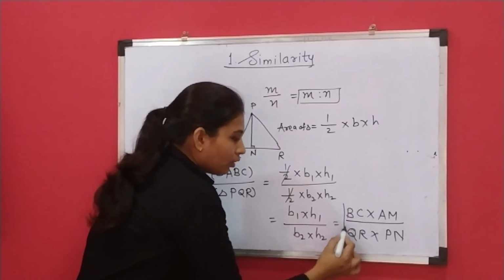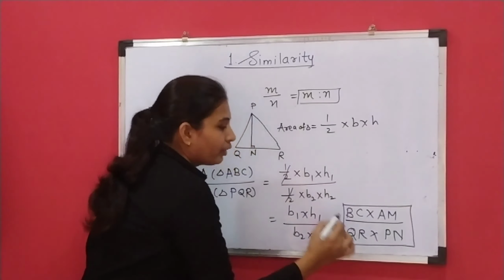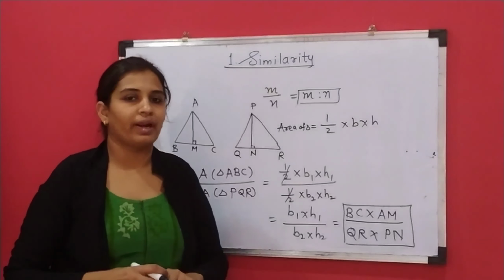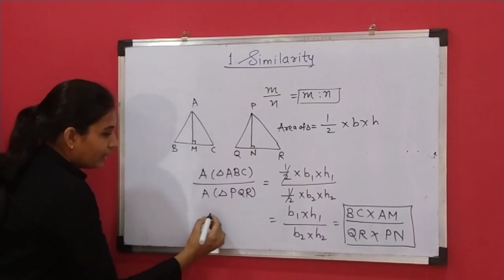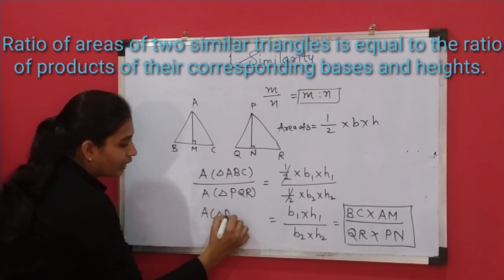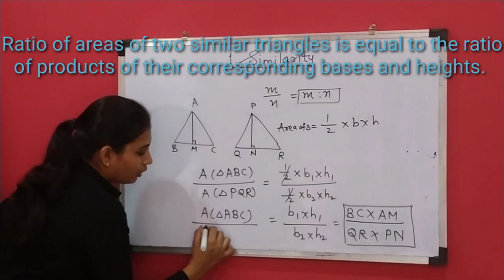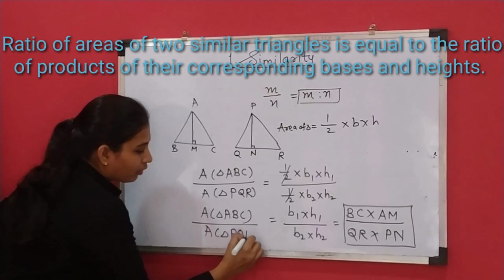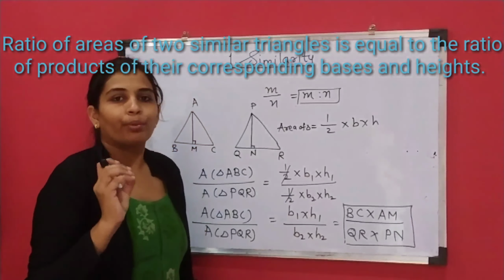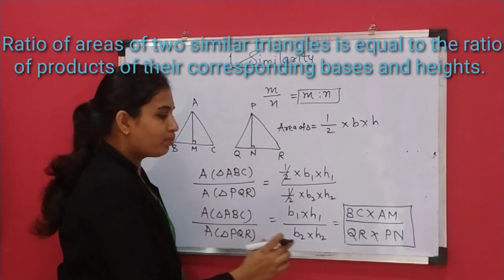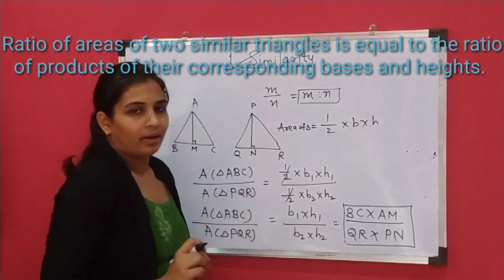Now we have got the ratio of areas of two triangles. Now if we observe, the ratio of areas of two triangles is equal to the ratio of products of corresponding bases and heights.